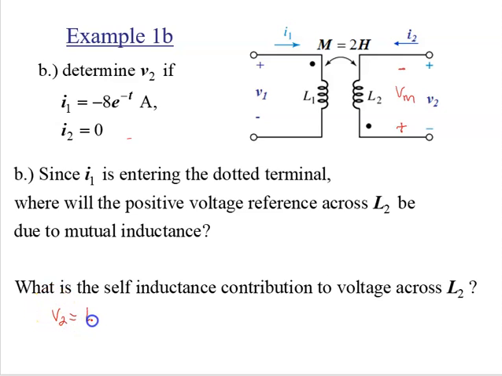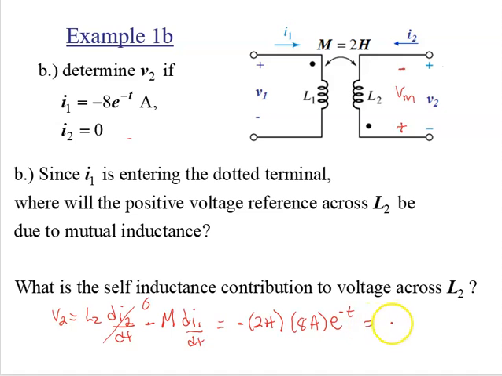V2 is equal to L2 di2/dt, and since the references of V2 and VM are opposite, we're going to get negative M di1/dt. Since I2 is 0, we end up just equal to negative M, which is the 2 henries, times di1/dt, which is negative t times negative 8, so we're going to get positive 8 amps times e to the negative t, or negative 16 e to the negative t volts.